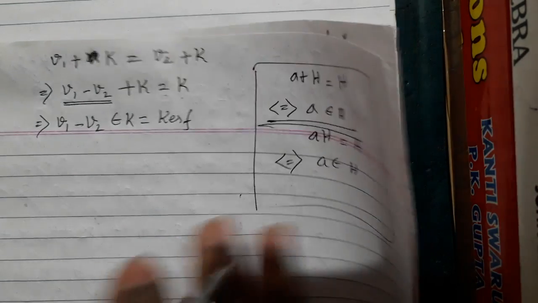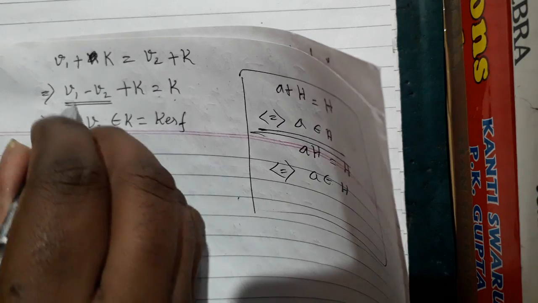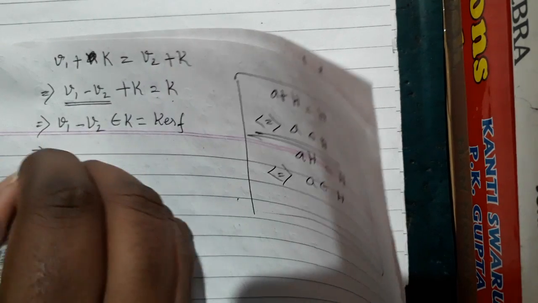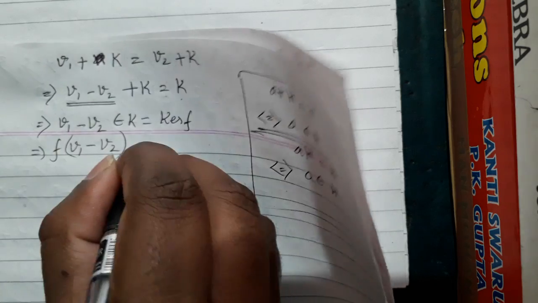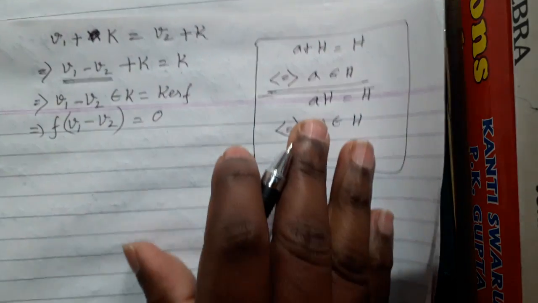Anything belonging to kernel of f means f of it should be 0. So f of v1 minus v2 is equal to 0.